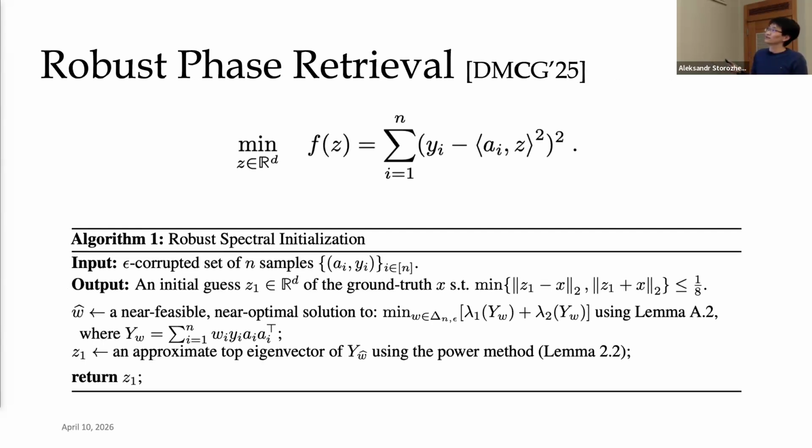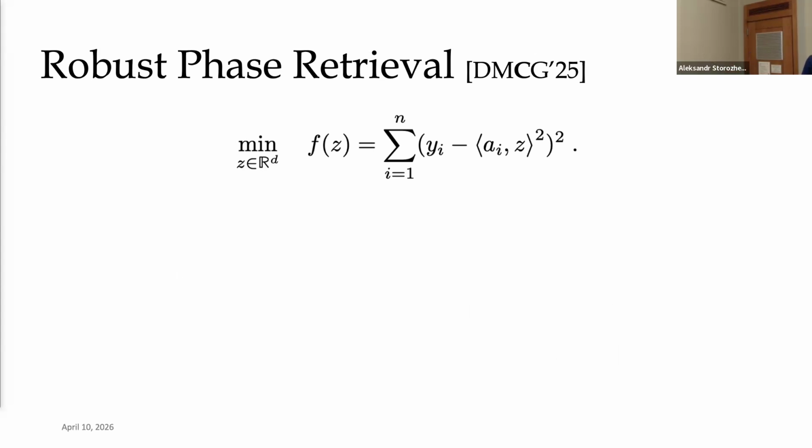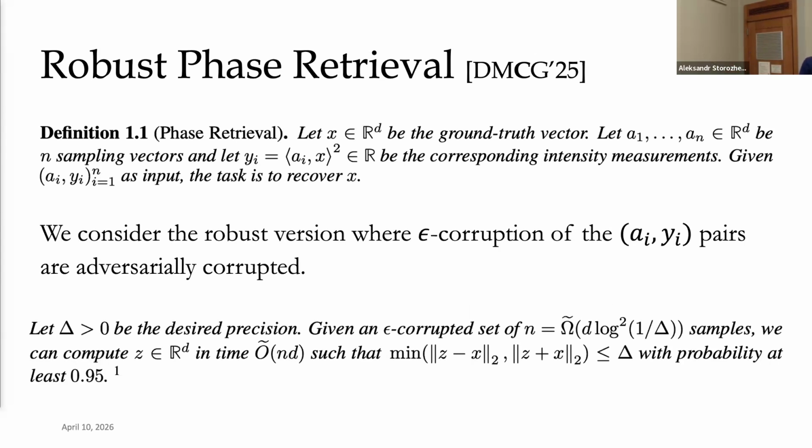Any questions about the result? Yes, can I go back? Yeah. I wonder about the question in the discrete case. Let's say x is a binary string, and the computation is over some finite field F to the d. Does your algorithm generalize to that case?